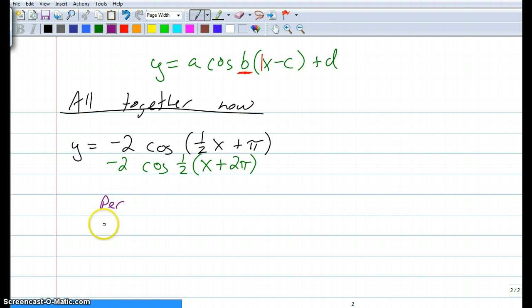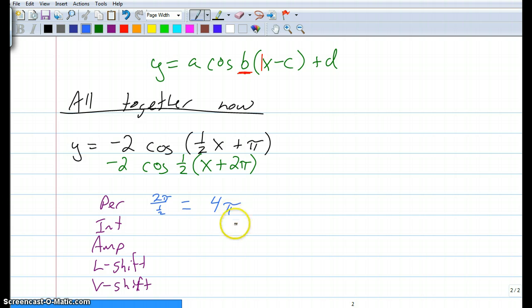All right, so start off with the period, the interval, the amplitude, the lateral shift, and the vertical shift. Those are the 5 important things before we start graphing. So the period is 2 pi divided by 1/2, which is indeed 4 pi.